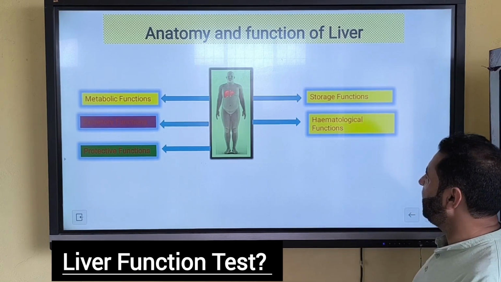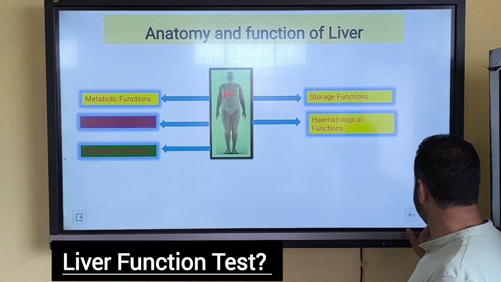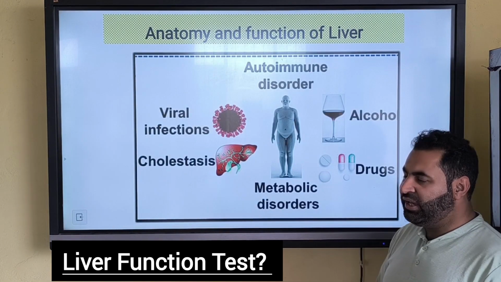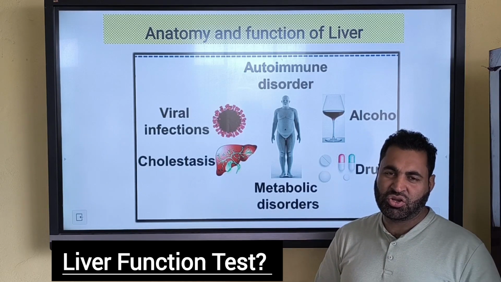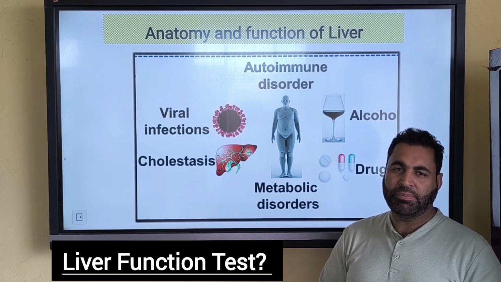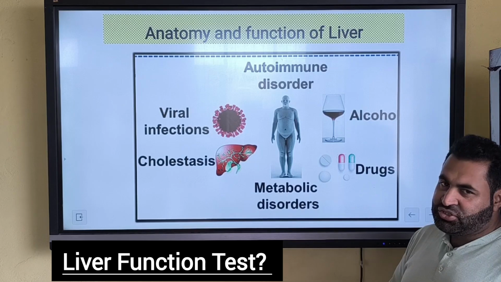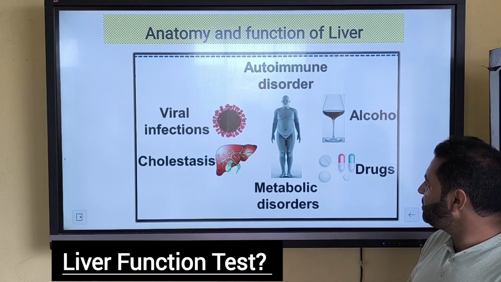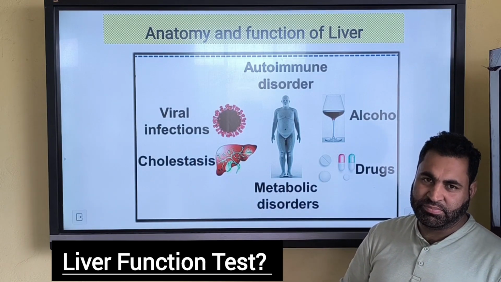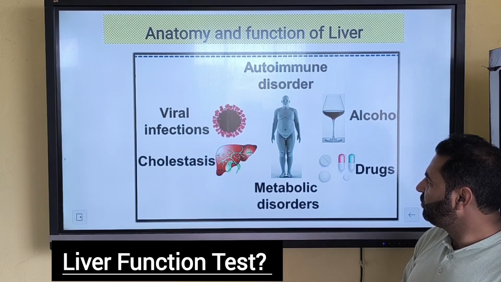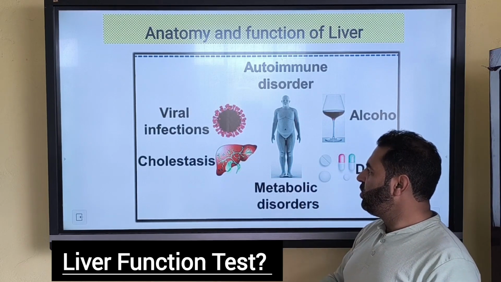So, keeping in view that the liver is a major metabolic organ in our body, if there is any damage that disturbs or destroys our liver cells, it will affect our bodily functions. Some of the causes which can damage our liver are viral infections, such as hepatitis B and hepatitis C viruses, which can destroy our liver cells.